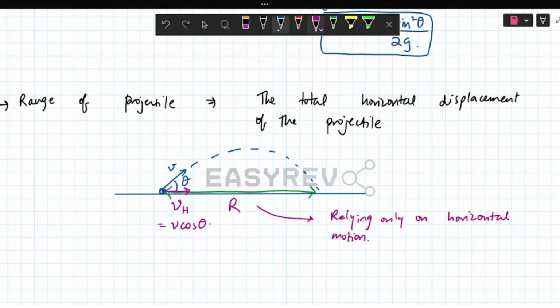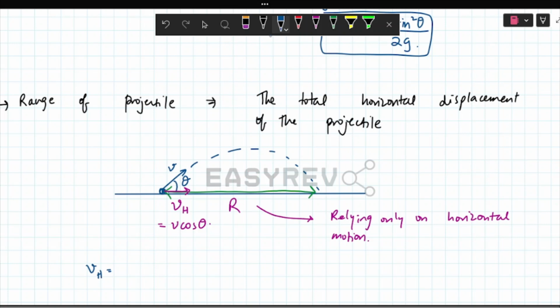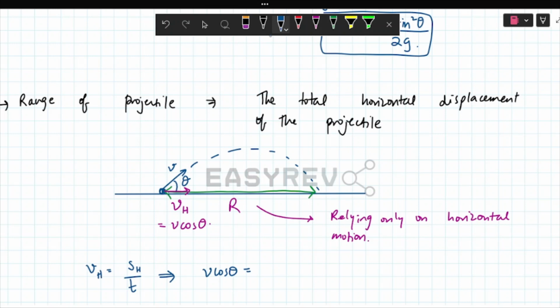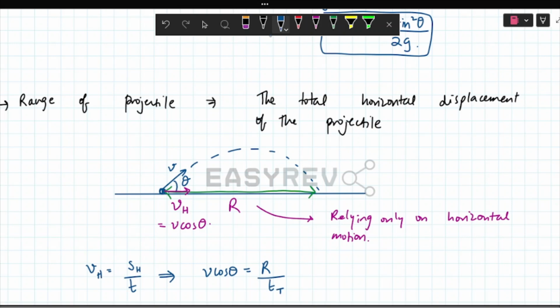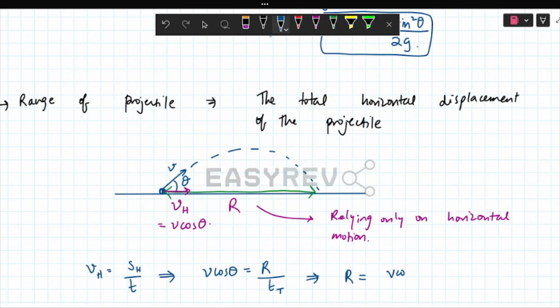And so if I do want to figure out the range r, it's just a matter of rearranging the definition of velocity being displacement, specifically horizontal displacement, divided by time duration. Except this time vh would be v cos theta. The total displacement in the horizontal direction would be the range r, and for t it will be specifically the total time for the entire projectile path. And so the range is simply v cos theta times total time duration tt.